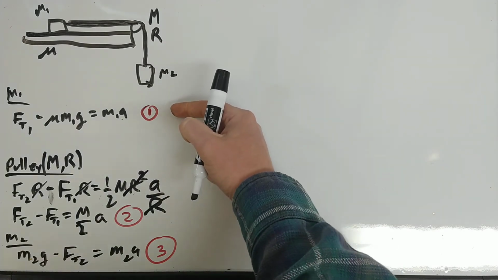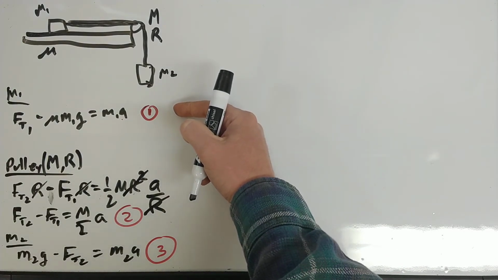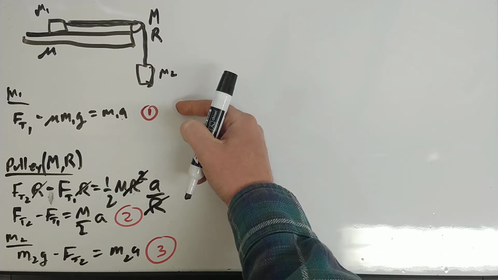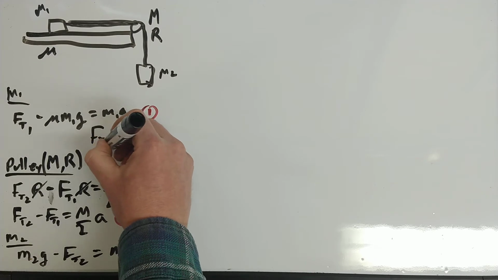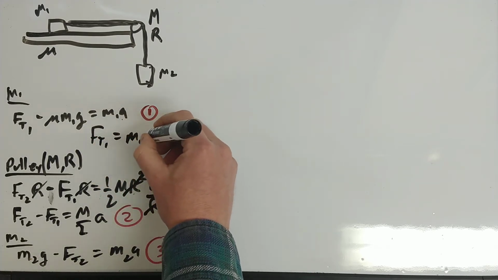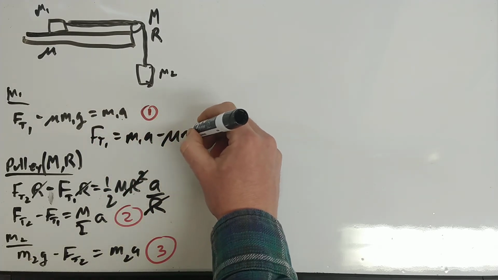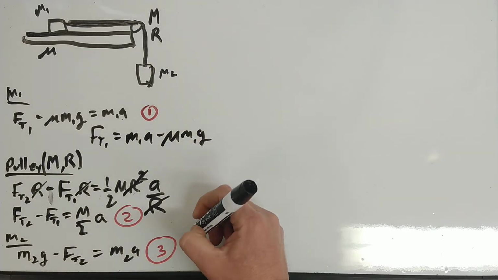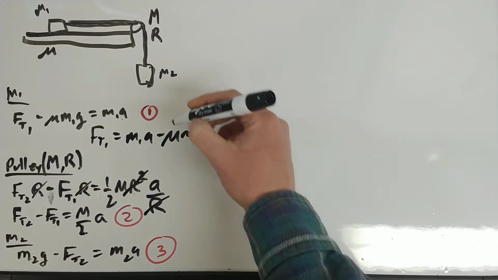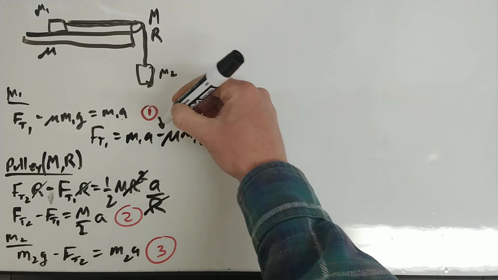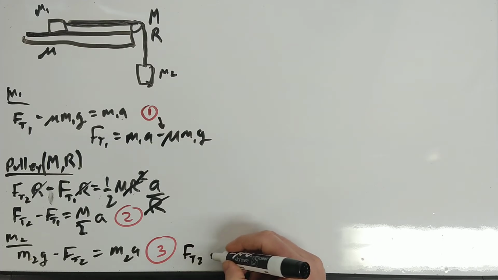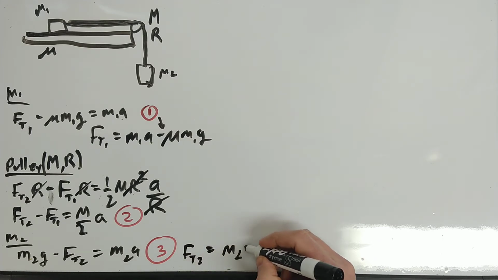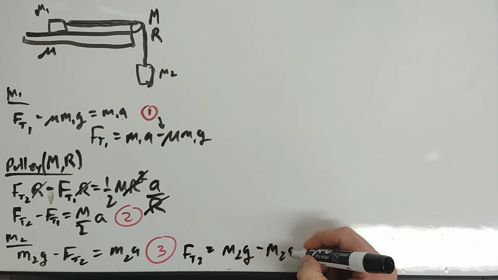So equation 1, I'm actually going to rearrange a little bit. I'm going to solve it for the force of tension: Ft1 equals m1a plus mu m1g. Equation 2 I'm going to leave alone. Equation 3, I'm going to solve for Ft2, so Ft2 equals m2g minus m2a.